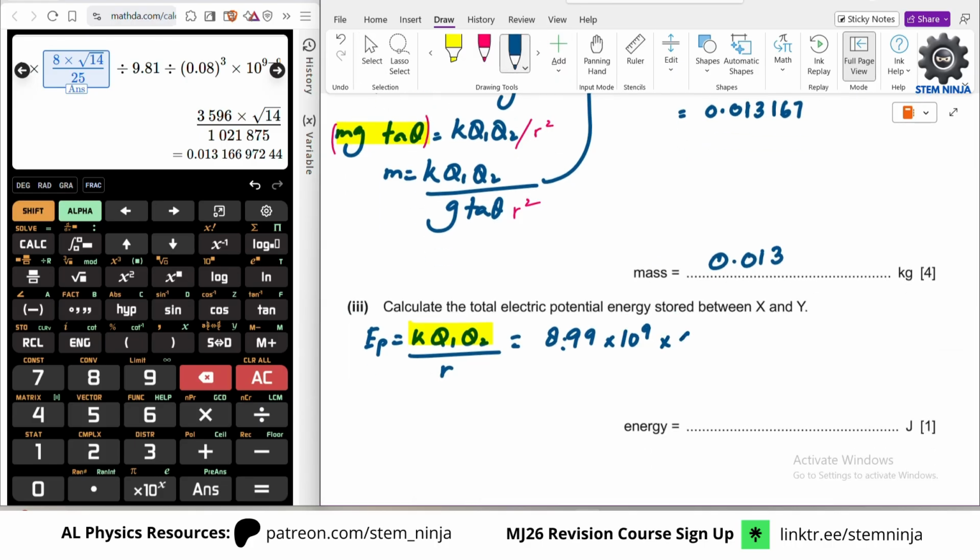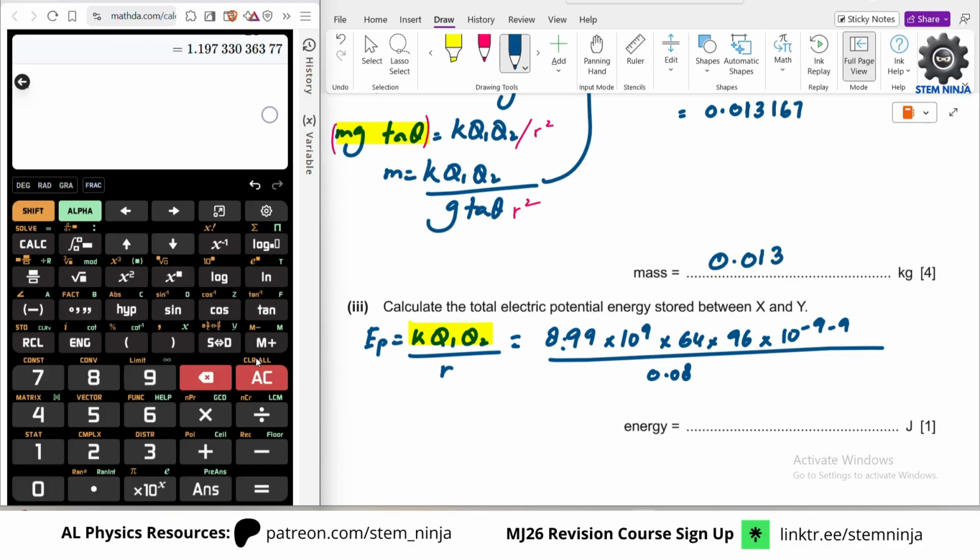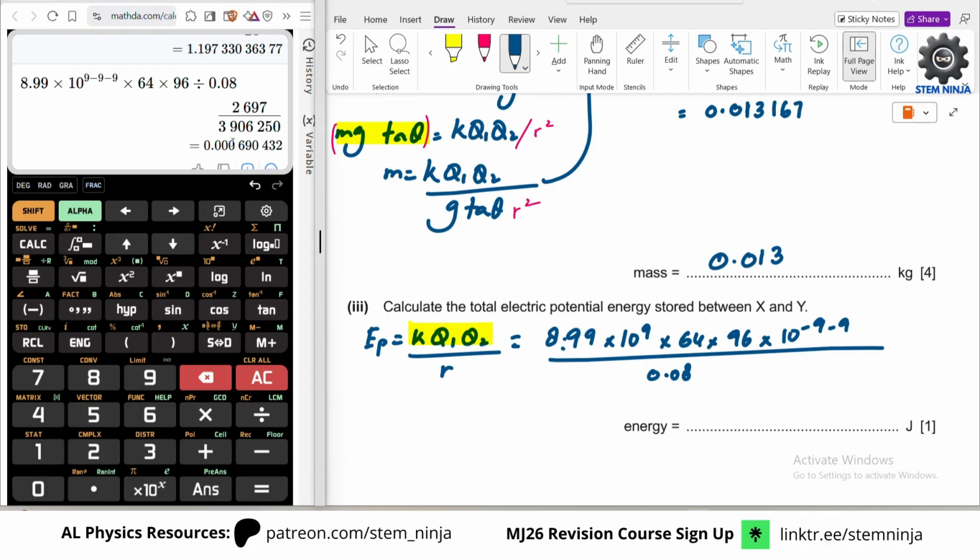So you have 64, 96, 10 raised to the power minus 9 divided by 0.08. Alright, 8.99, 10 raised to the power 9 times 64 times 96 divided by 0.08. We go back in the power, minus 9, you get this value, 1, 2, 3, 4, 6.9, 10 raised to the power minus 4.